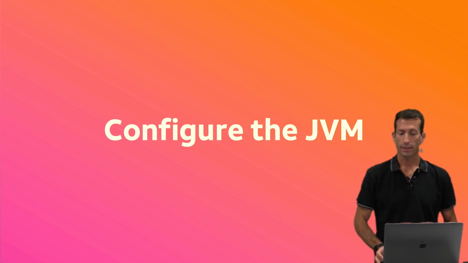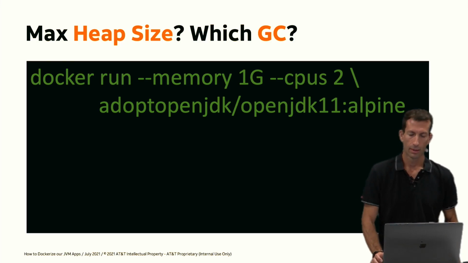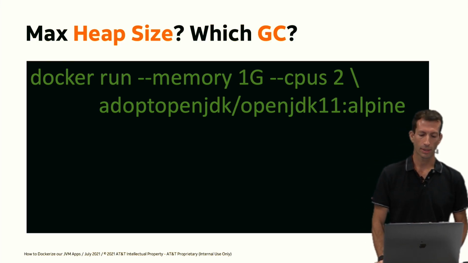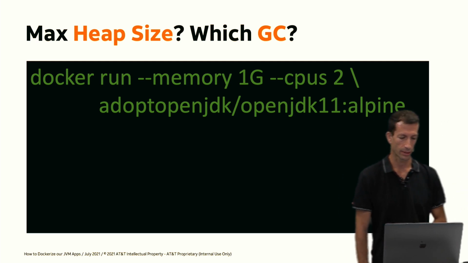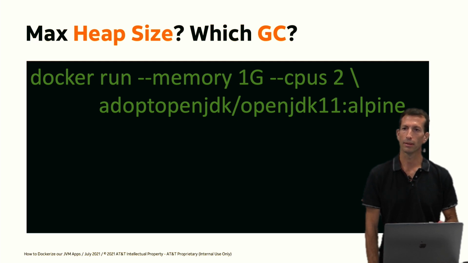So let's move on to the last tip for today: configuring the JVM. I want to start with a quick question. Feel free to answer if you want. If not, we'll see later on what the answer is. But take a look at this command.